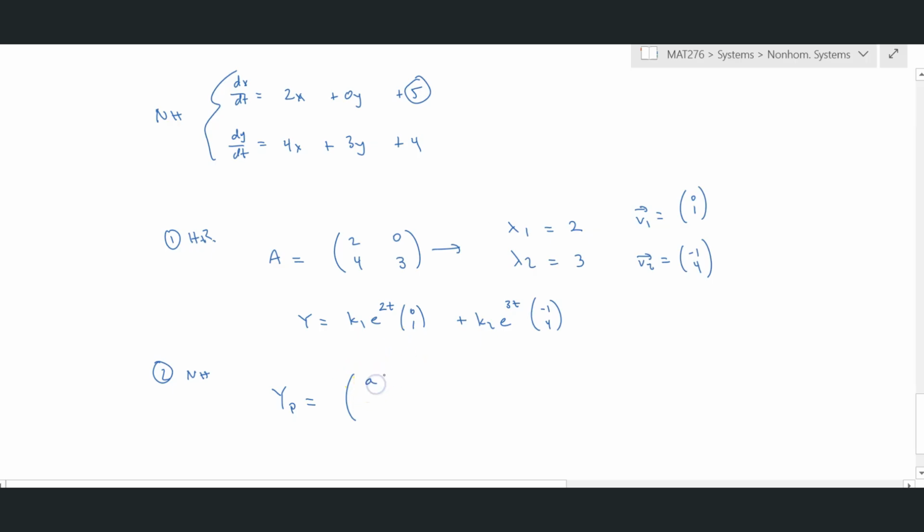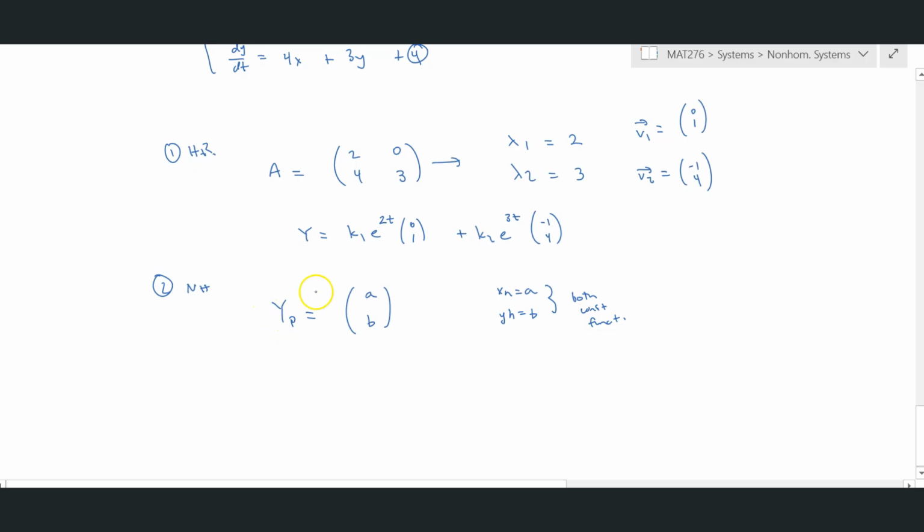So I'm going to guess a constant function for little x sub p. The non-homogeneous term for the y is also a constant, and so I'm going to guess another constant. So x sub p equals a, y sub p equals b.